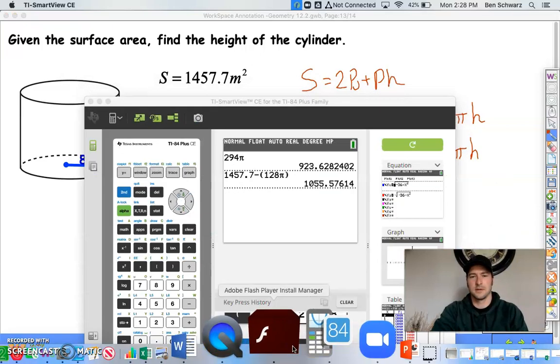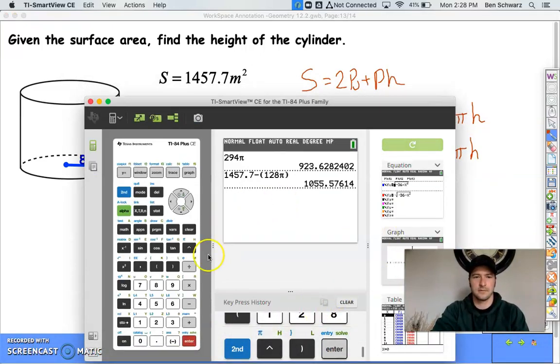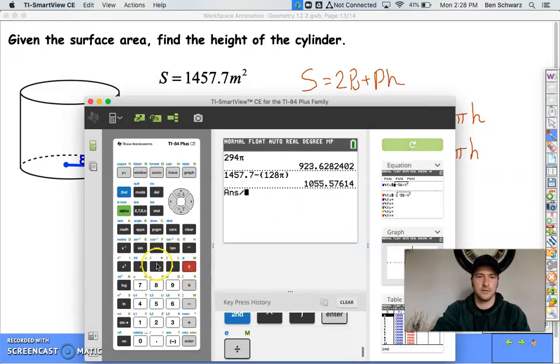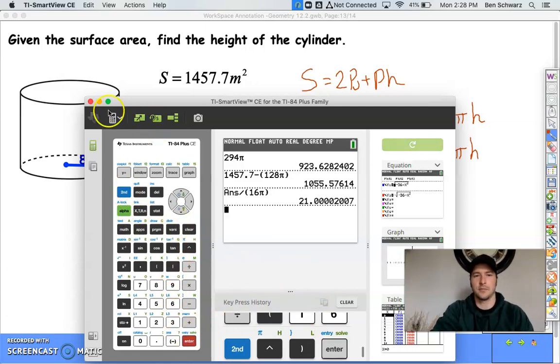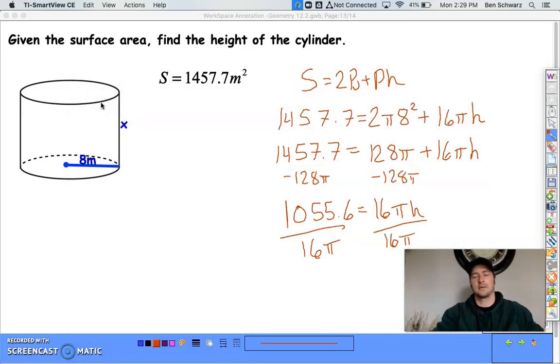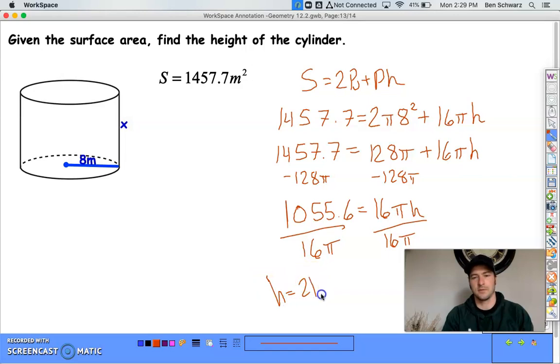So divided by, and use parentheses again here, 16 pi, and we end up with about 21. So our height is going to be 21 on this one, so 21 meters. So that's how you solve for a height if you know the surface area.